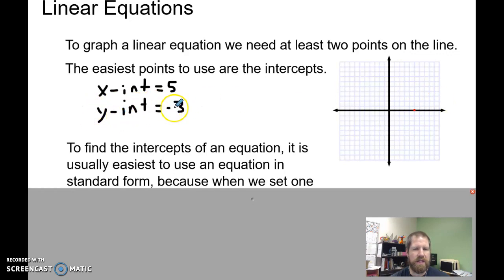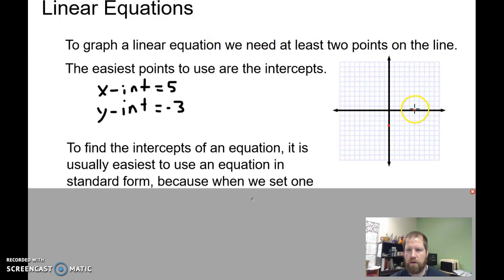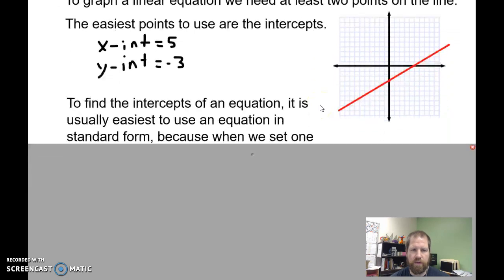My y-intercept is -3, so I count down 1, 2, 3. And then I'm just going to draw a line. Go with red again. Draw a line to connect the two, and extend it out. And there's my linear equation. Line goes all the way through. Pretty simple, pretty straightforward.